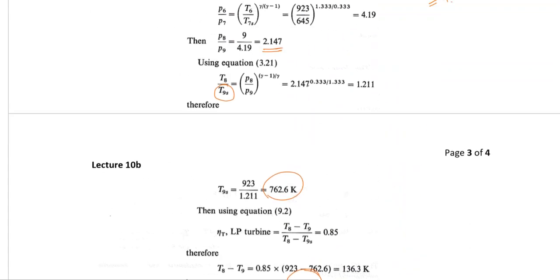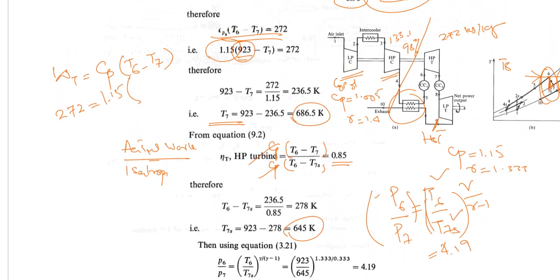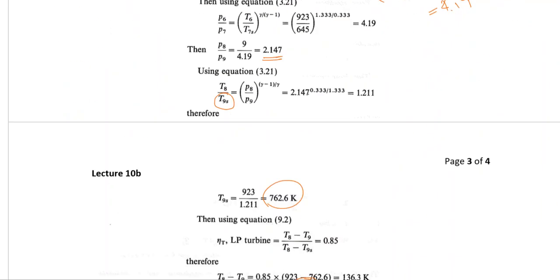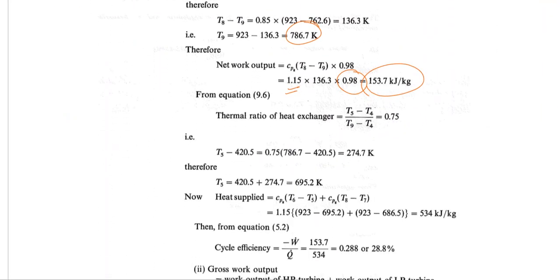If I'm looking at this, this is my regenerator installed. From the air side, the air is entering at 4 and leaving at 5. From the turbine side, which is the gas side, the gas is entering at 9 and leaving at 10. So the effectiveness would be equal to T5 minus T4 divided by T9 minus T4.